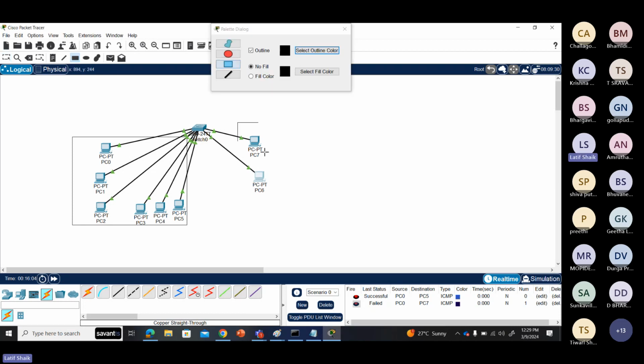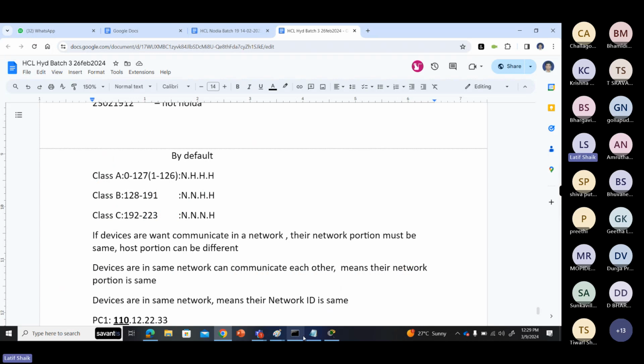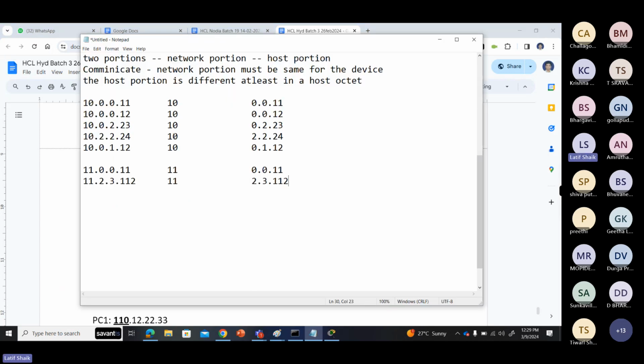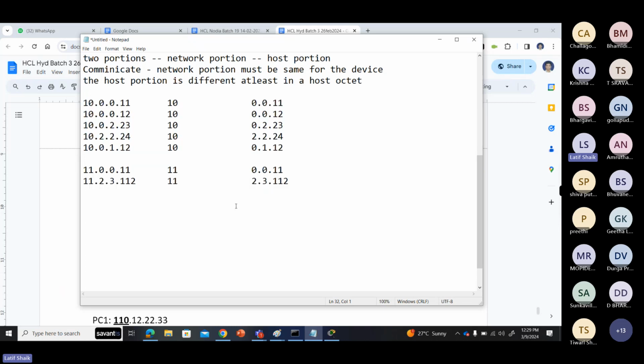Both are connected to the same switch, but they are not able to communicate. Okay. So why? They are logically separate networks. So physically, all these devices are connected to each other, but logically separated.